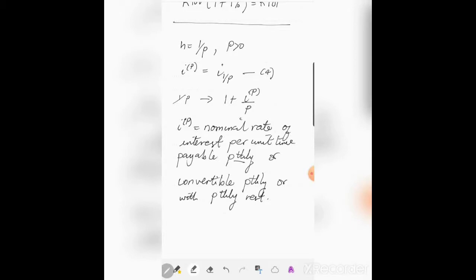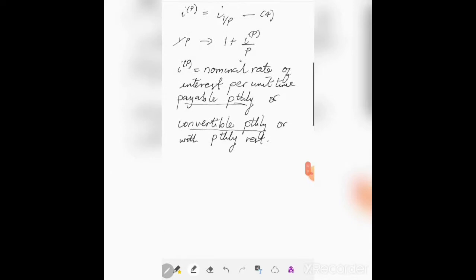So in some questions involving the nominal rate, the question may talk about interest payable p times a year, or convertible, or monthly. So let's look at an example.